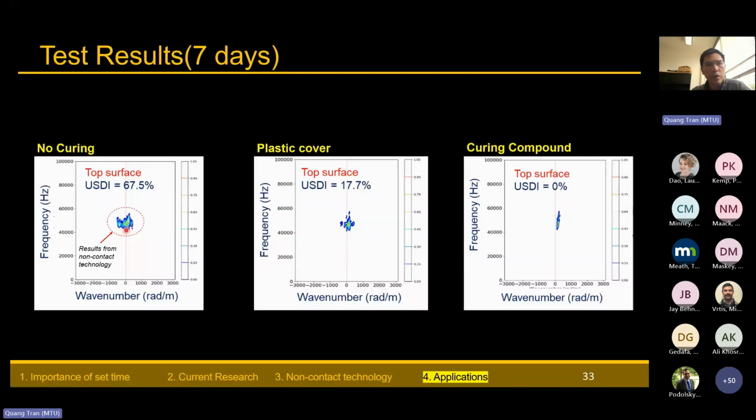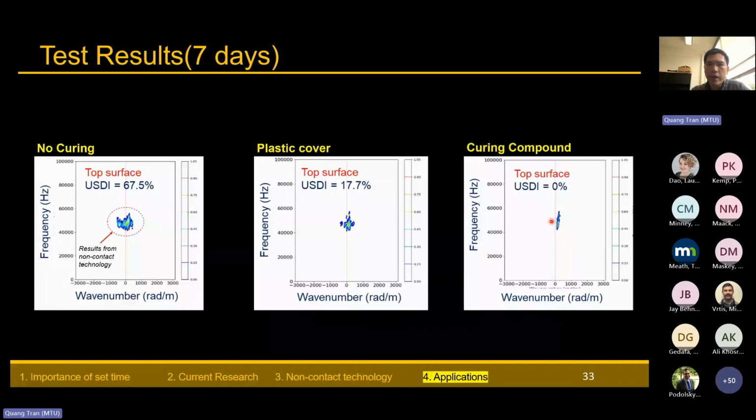The principle of this method is capturing the wave propagating forward and the wave propagating backward. If we have more cracks over the surface, when the wave travels, it will reflect back more than it moves forward. On the left is the total wave energy reflecting backward compared to the wave moving forward, and you can see the total area is really high compared to the plastic cover and the curing compound.